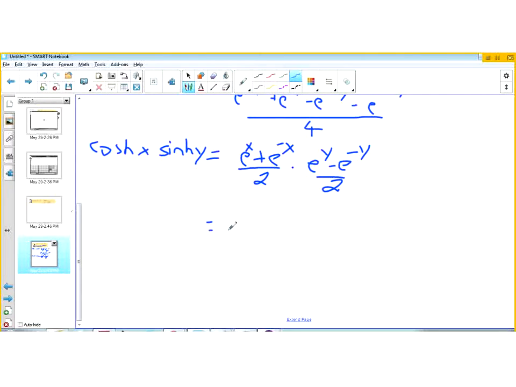We'll do the multiplication, so that would equal e to the x plus y minus e to the x minus y plus e to the minus x plus y minus e to the minus x minus y, all of that over 4.